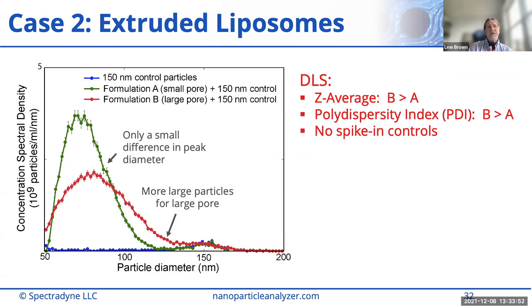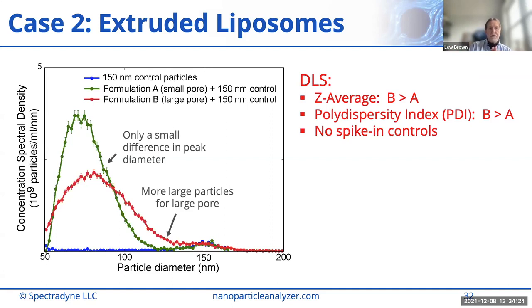The other thing is, since the sample B is a wider distribution, we would expect a higher polydispersity index for sample B. And the last but not least thing is that if you were to measure this with DLS, you cannot use a spike in control because these 150 nanometer beads would scatter so brightly that they would skew the Z average much, much higher to a point where it really was meaningless compared to what the actual liposome size are.